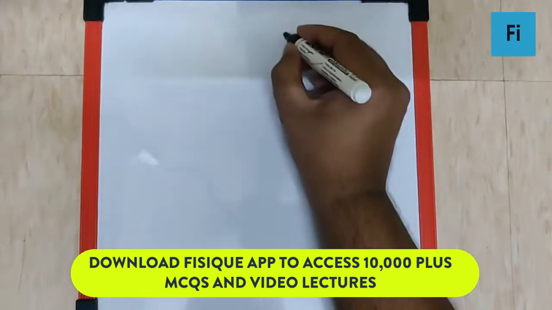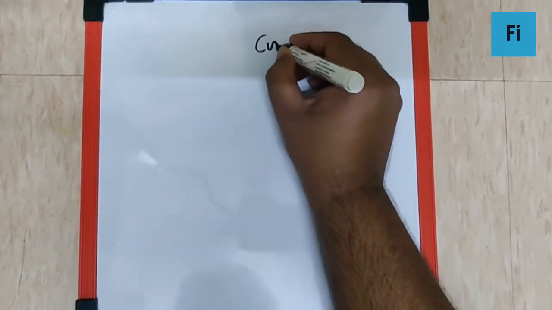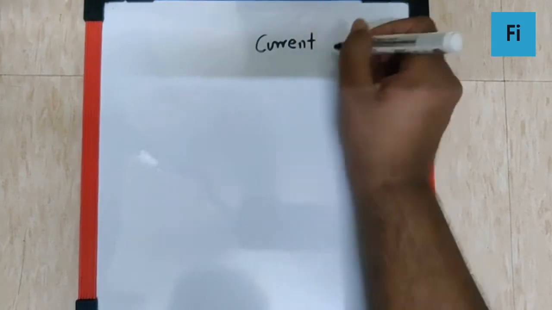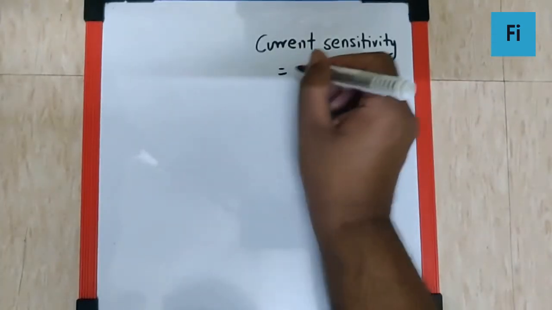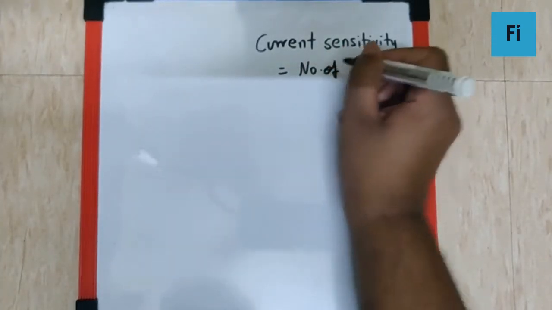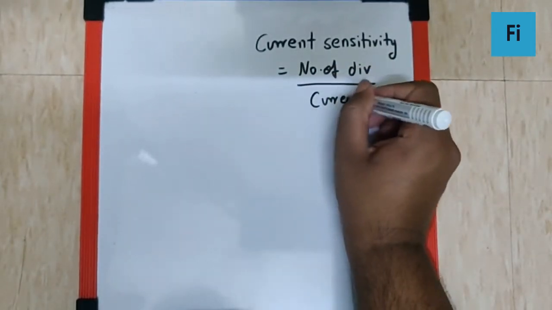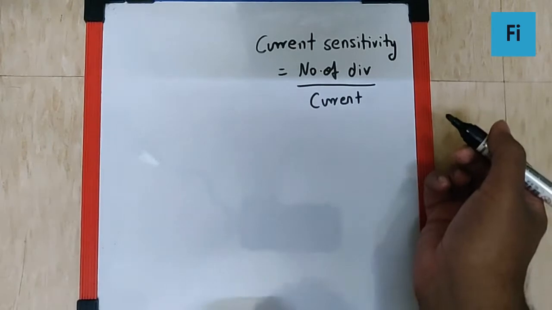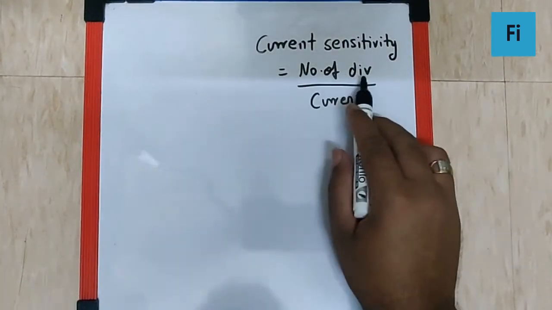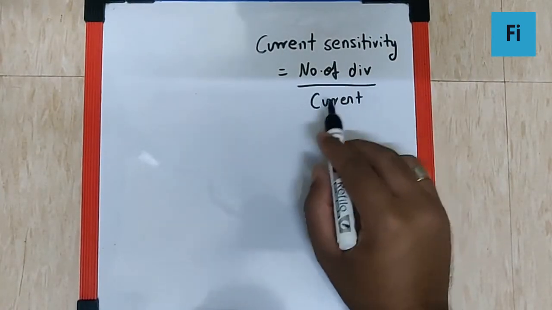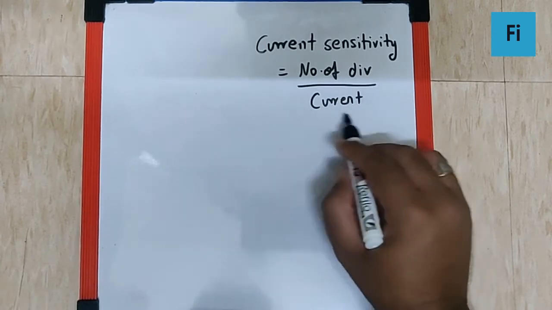Now there are some new terms for you: current sensitivity and voltage sensitivity. Current sensitivity is defined as the number of divisions per unit current, which is nothing but the number of divisions the instrument shows for a unit current measured.